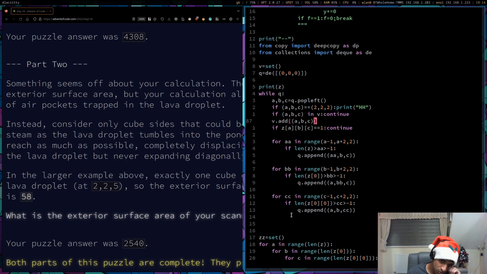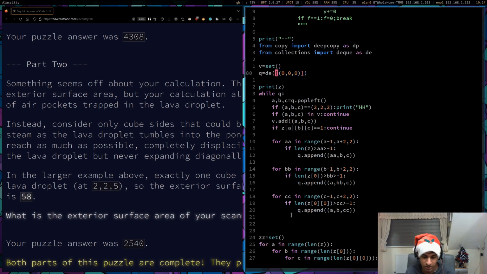Essentially, what I'm doing is starting at the top left corner of my 3D array, and I'm simulating water. Let's say my water source is right at the beginning here, and I'm using a BFS to see everywhere my water source can go, so every block my water source can reach.